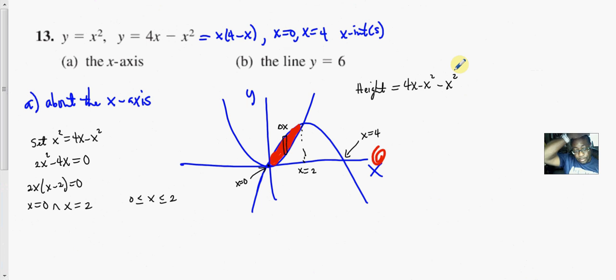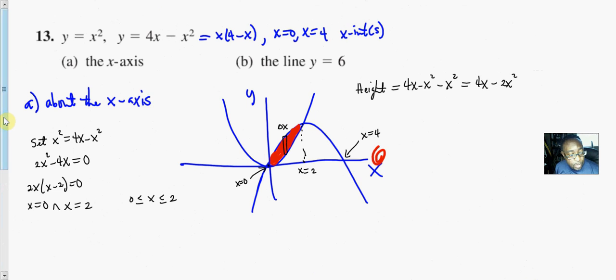Okay. So this gives us 4x minus 2x squared. All right. Very good.